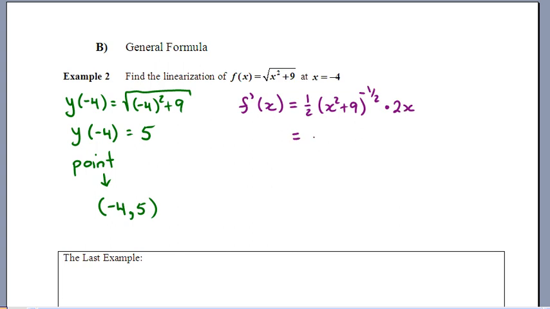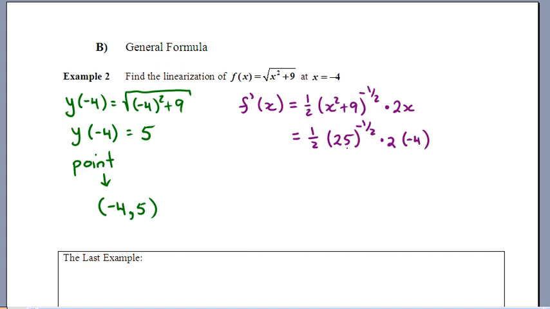I'm only going to use this machine once, so I might as well just use it right here. I'm going to have that -4. Oh, this is really similar to what happened here. The -4 squared is 16, add 9 is 25. So I've got a 25, and it looks like it's getting flipped around and rooted. Okay, I can deal with that. And then 2, and then a -4.